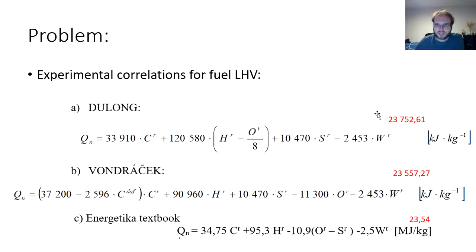You can see that there is some discrepancy, but in general there is relatively good agreement because it's the composition which was given for coal, for which these correlations were developed. If you would try to use, for example, the composition of some oil or, let's say, wood, the accuracy could be much lower.